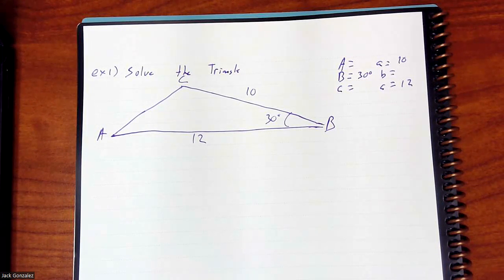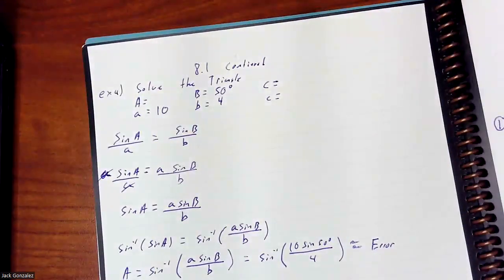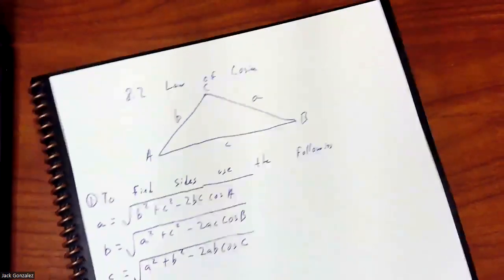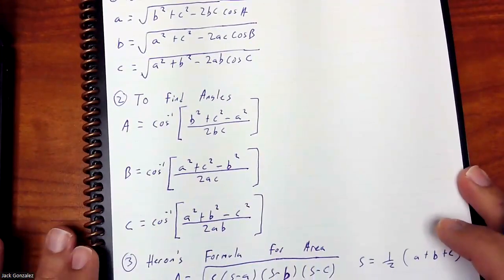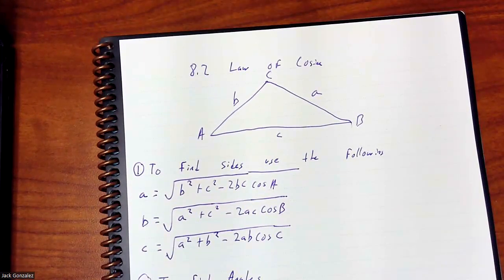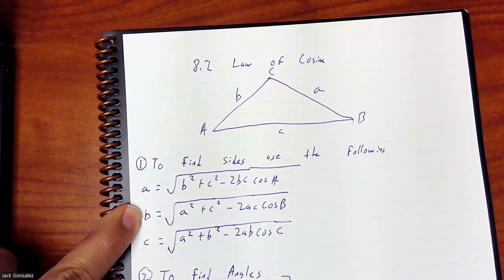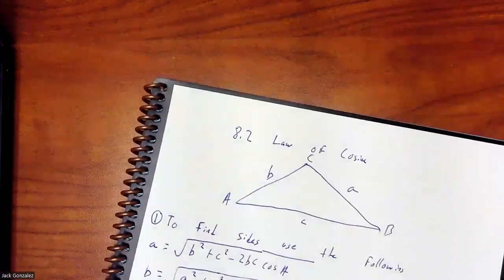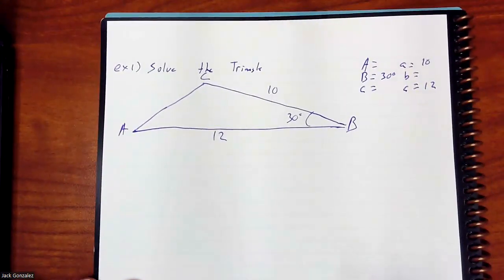Because once you have the side, you can do all the angles. Look at the formulas right here. They all require all three sides. So find the missing side and it'll be good. We're going to need this guy. Okay, well, let's do it.